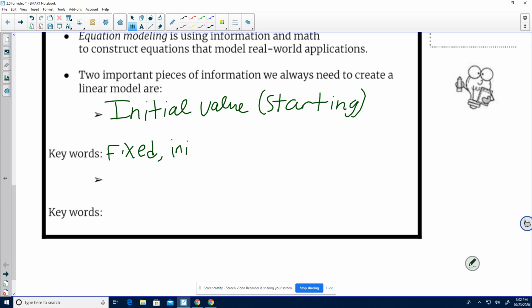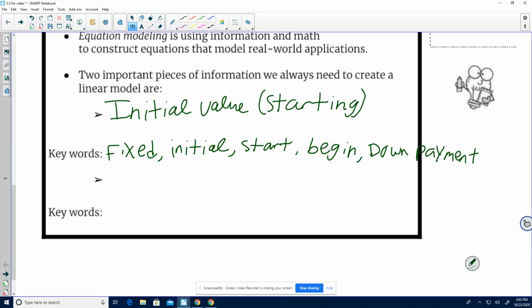If we see the word initial, that means initial value usually. Start, begin. You see any of these keywords, that means that this is our initial value. Down payment. If we're talking about a money problem, all those mean that that's our initial value or our starting value.